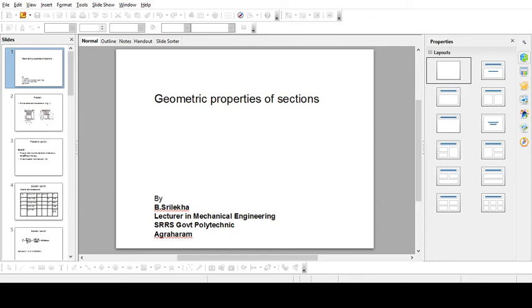So now the x coordinate of the centroid is 23.45 mm. Next, the position of the centroid from the x-axis is y bar, equal to a1 y1 plus a2 y2 plus a3 y3 by a1 plus a2 plus a3. So that is equal to 13,173.75 by 1028.25, which is equal to 12.81 mm. So in this manner we will find the positions of the centroids.